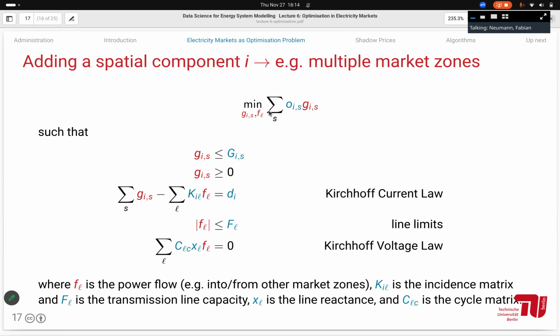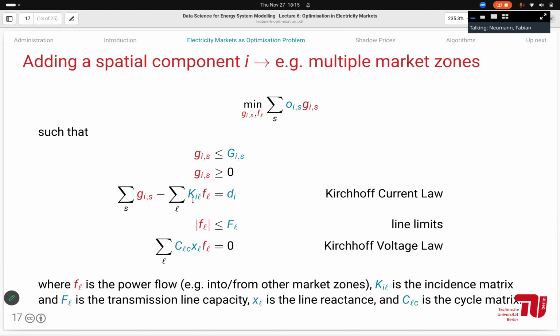The Kirchhoff current law is not really a new constraint here, it's just an extension of the energy balance, where we use the incidence matrix to build an energy balance of the local generation, the local demand, and the difference of incoming minus outgoing flows.